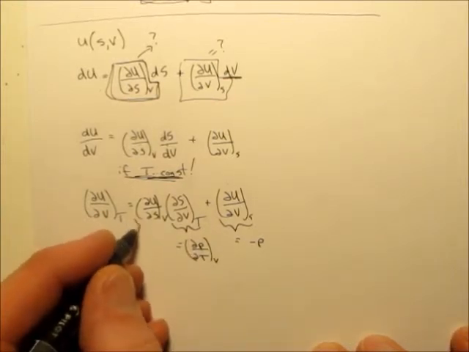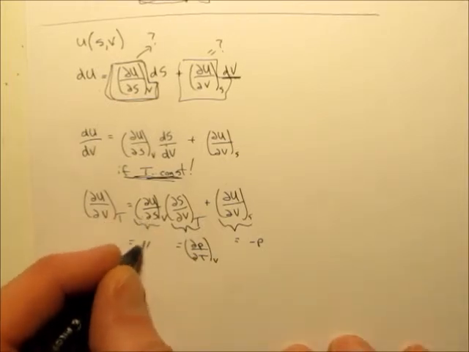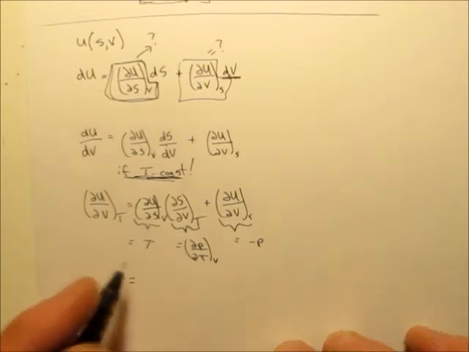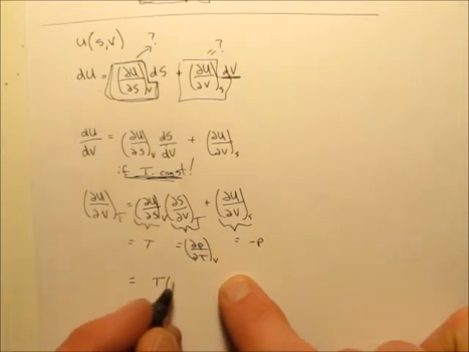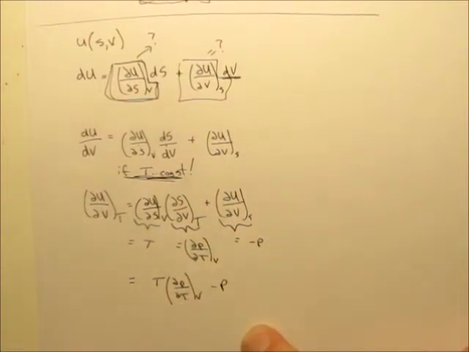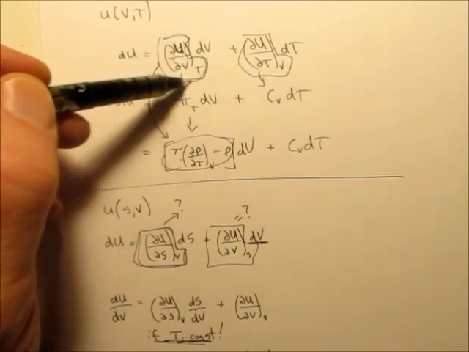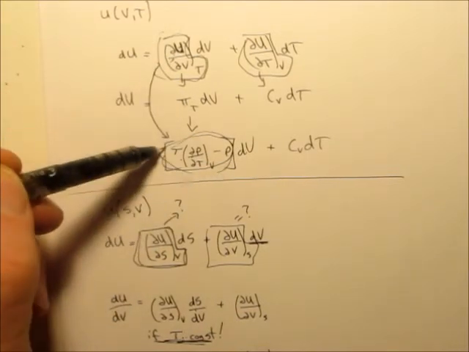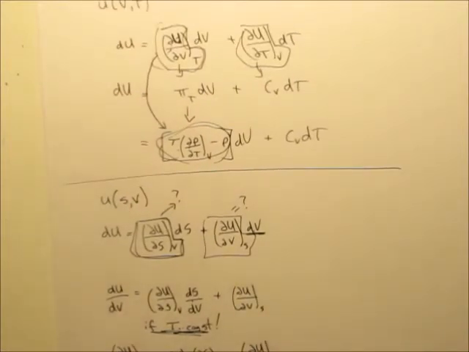Right? And this one is equal to just T. So you can see how that becomes T times this gets replaced with that. And then that's plus this entity, which is negative P. So we've just done the derivation, how to get this equal to that. Right? So that's the derivation, which answers part 6a.